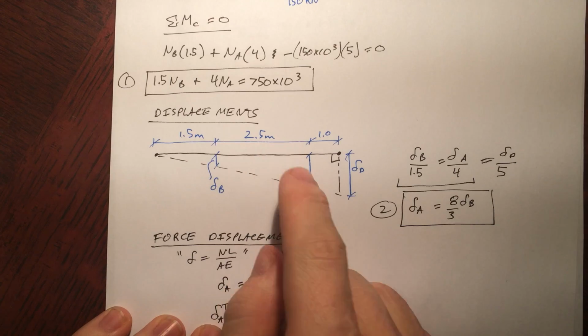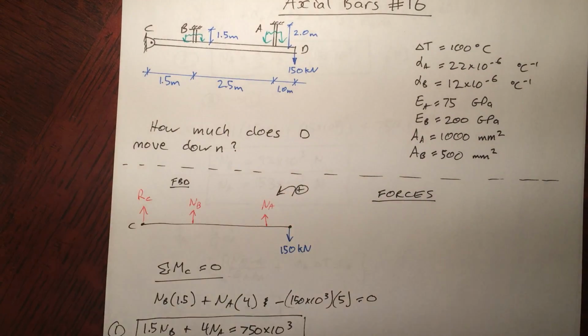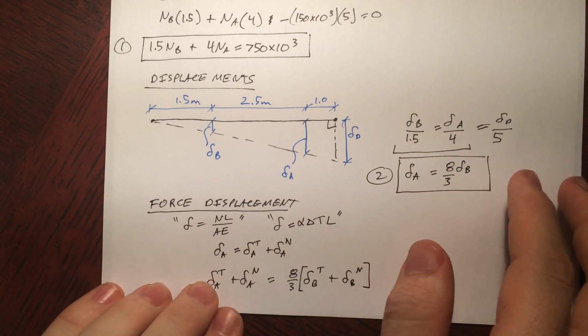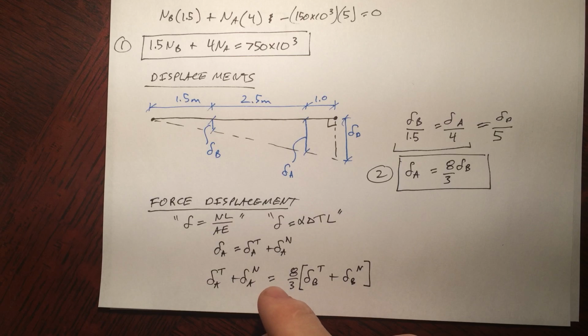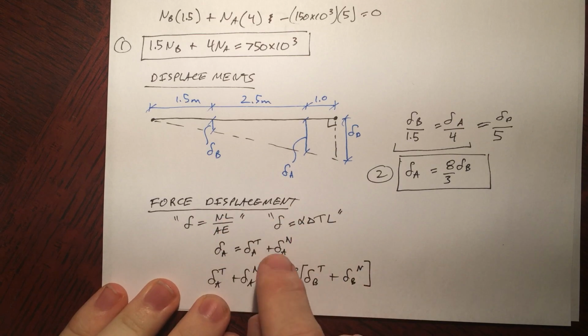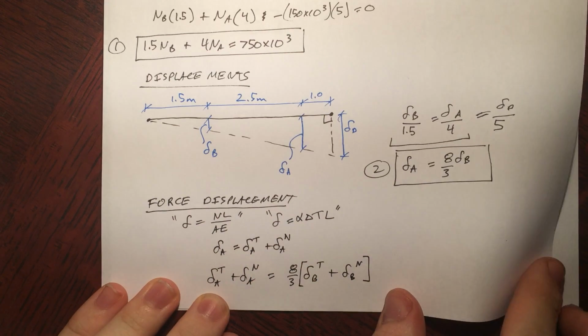Then we looked at the displacements. We realized it was like a bar on a hinge, so we used similar triangles. Then we went to the force displacement relationship, and we realized that the displacement is not just because of the force. We now have a thermal component. So any displacement is going to be thermal displacement plus the normal force displacement.